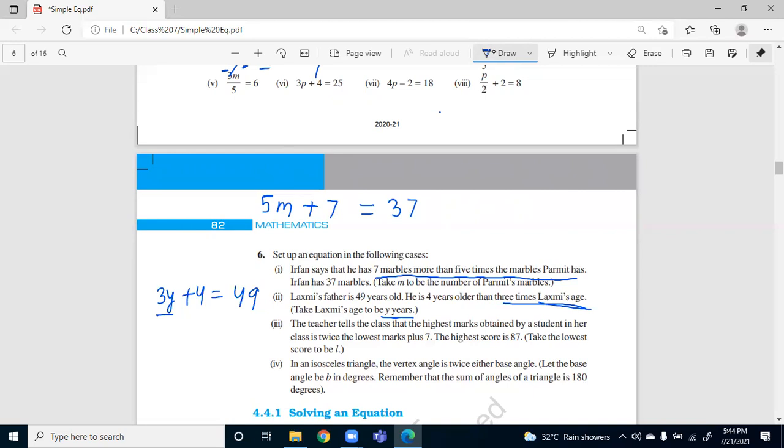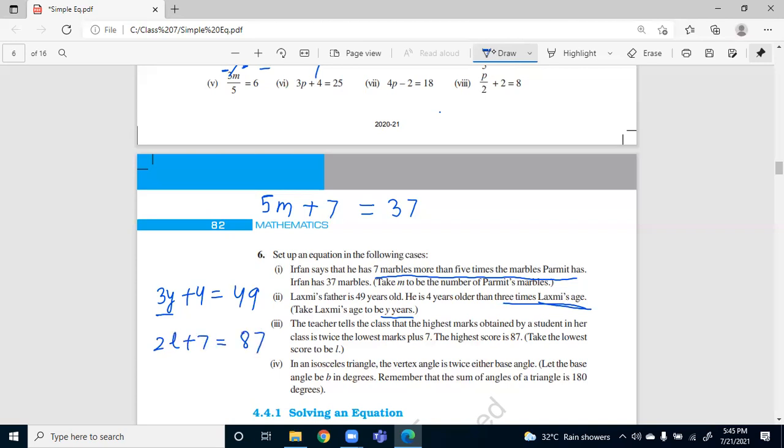Ma'am, can I tell the answer of the third part? Yes, Samraj, tell. Ma'am, the answer is 2L plus 7 is equal to 87.